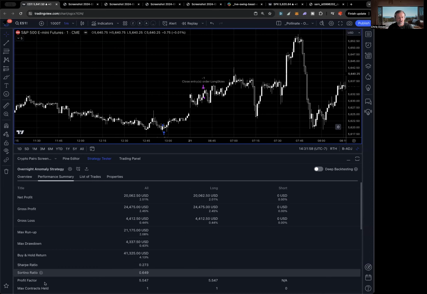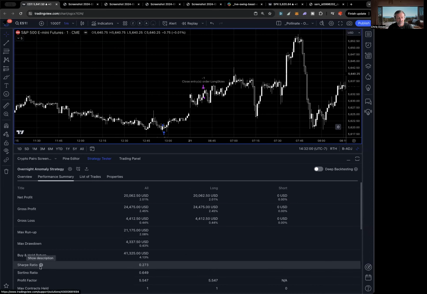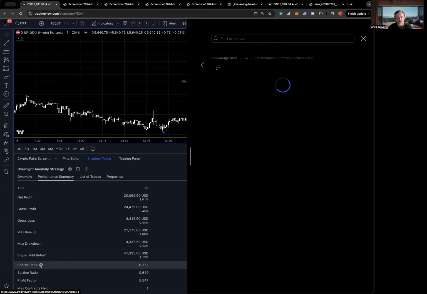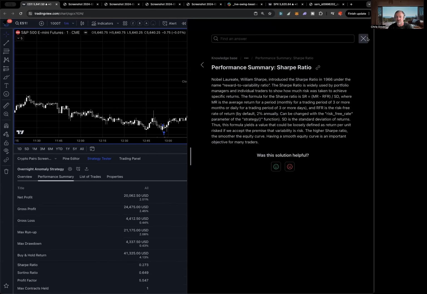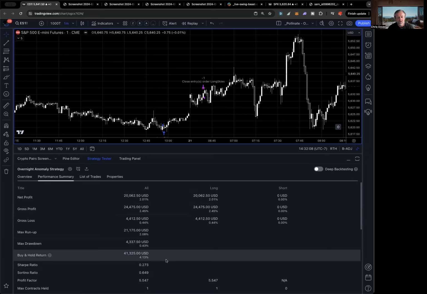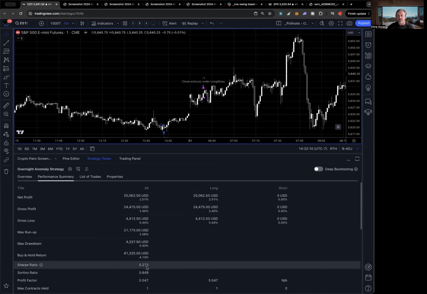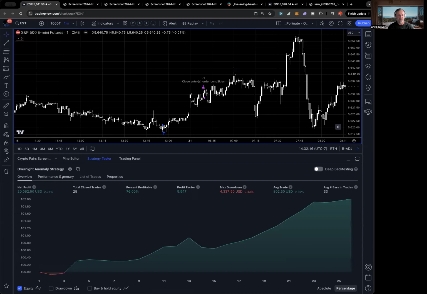We have a Sharpe ratio, this is a 30-day Sharpe, so you multiply that by 12 and you get yourself a 2-point-something Sharpe. And again, a profit factor of 5.5 and a 76% win rate. Pretty nice. It is what it is.